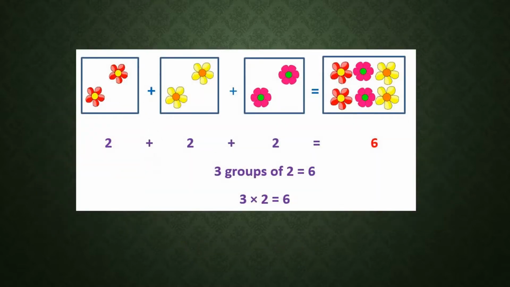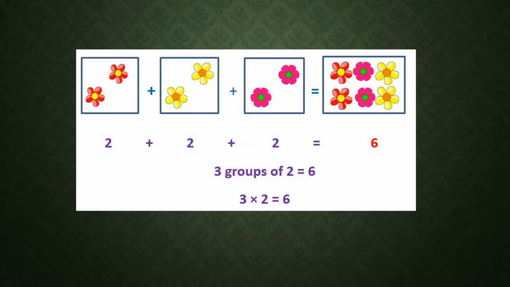We have 3 equal groups of 2, so 3 times 2 is equal to 2 plus 2 plus 2. So today we are going to practice using repeated addition as a strategy of multiplication.